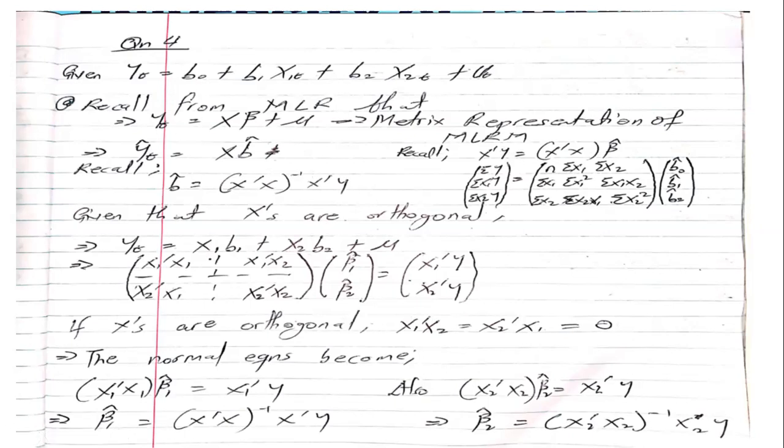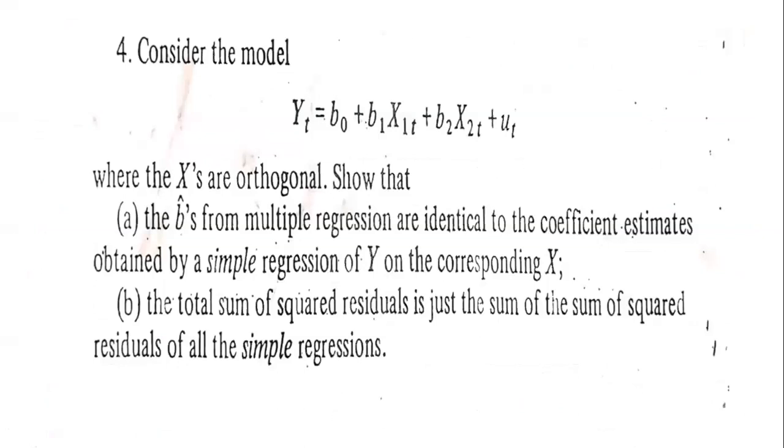That's what the first question is trying to tell us to do. Now let's go to part B. B says that we should also show that the total sum of squared residual is just the sum of the sum of squared residuals of all simple regressions. So these are regressors.